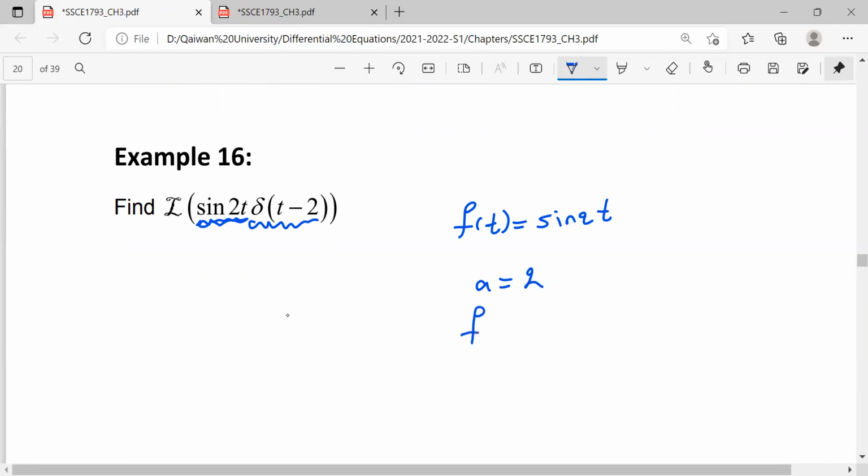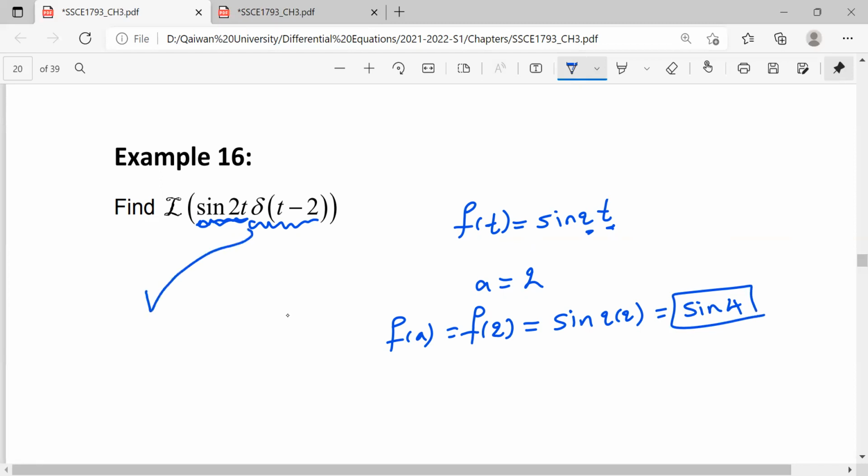So f of a, which is f of 2, equals sine 2 times 2, because you replace t by 2. We get sine 4. This is f of a, which is f of 2.